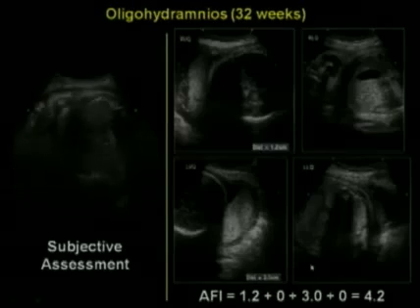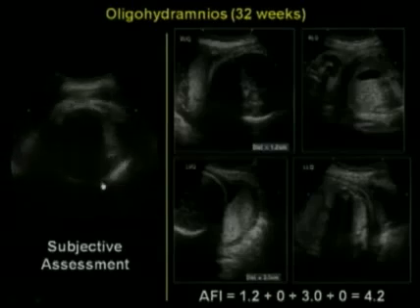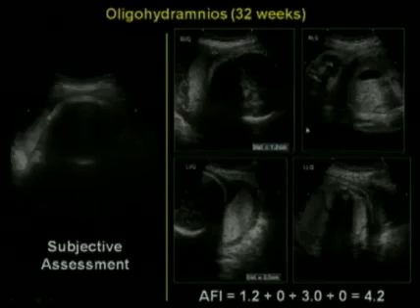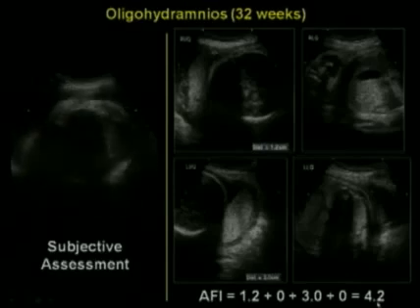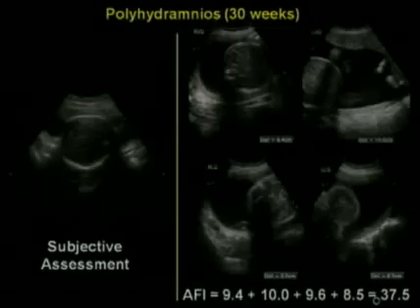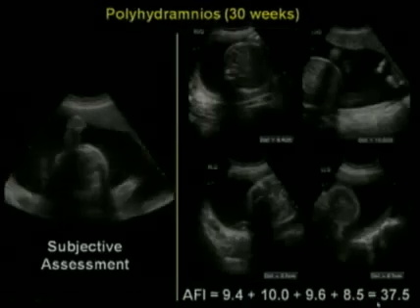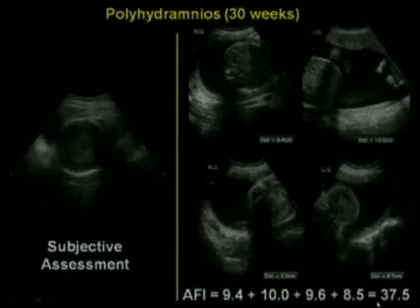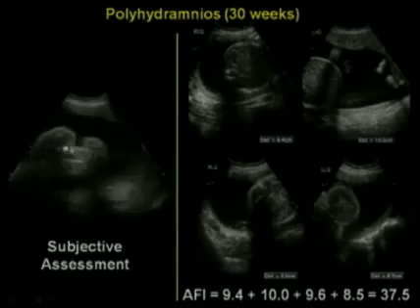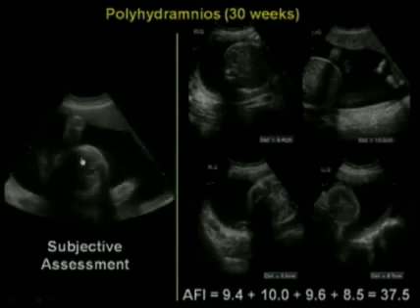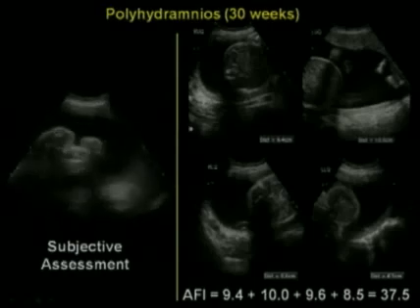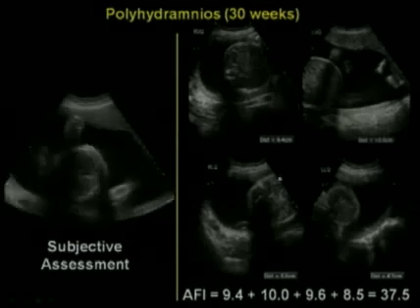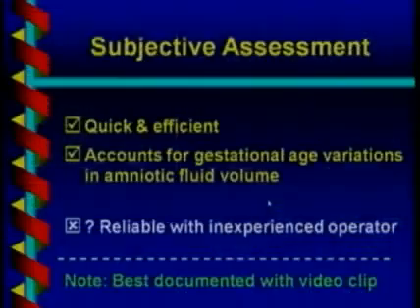Here, subjectively, there's very little fluid as we sweep through, and that's confirmed by an amniotic fluid index of 4.2, less than 5, which is oligohydramnios. And here's a case of polyhydramnios. When we sweep through, especially towards the end of the sweep, you see more fluid than you would expect at 30 weeks, and the amniotic fluid index is also elevated.